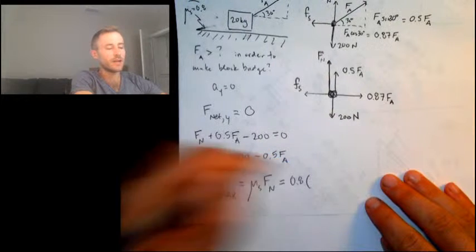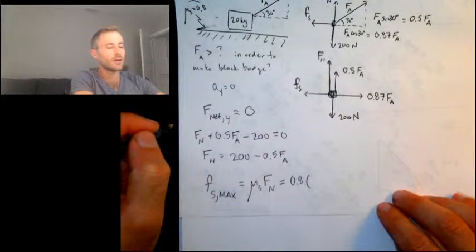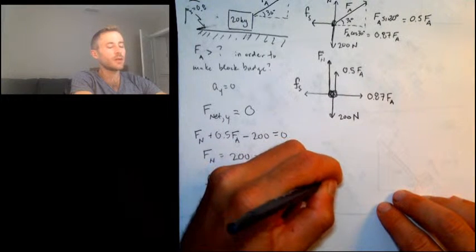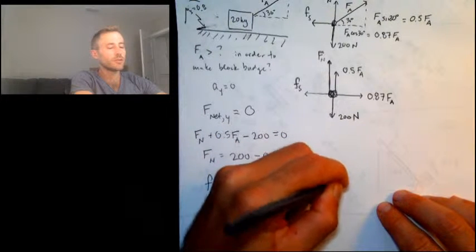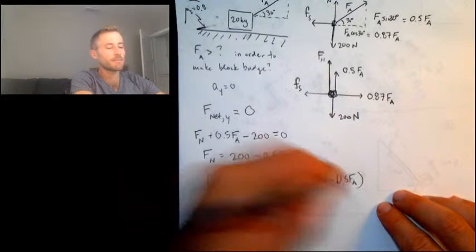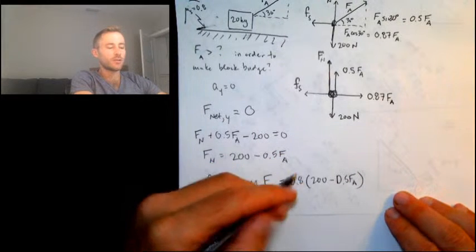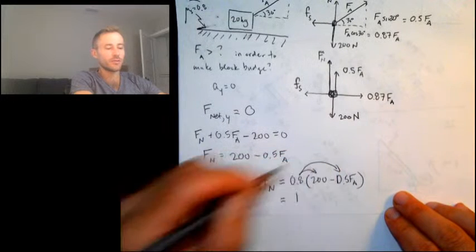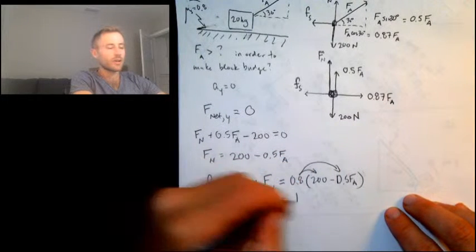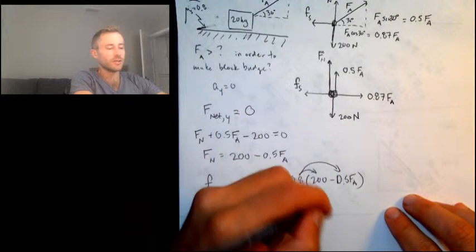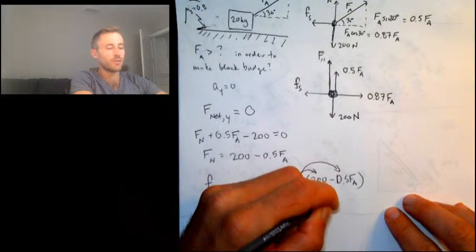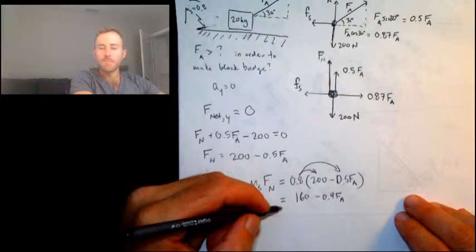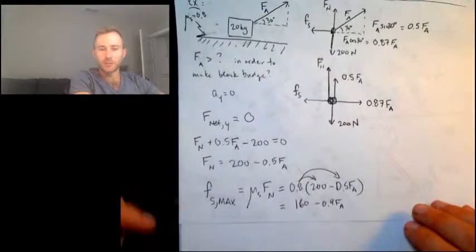So 0.8 times 200 minus 0.5 F sub A. And that's equal to, I'm going to distribute the 0.8 to both terms, so I have 160 minus 0.4 F sub A. All right? So I know what the maximum static friction is.